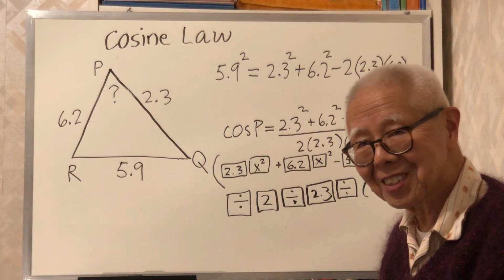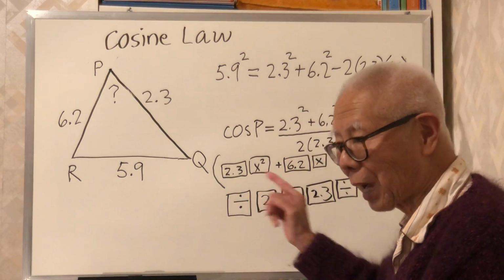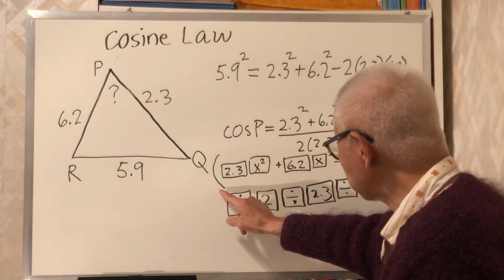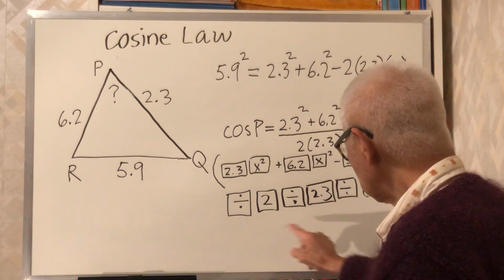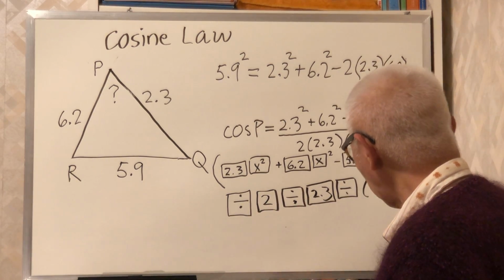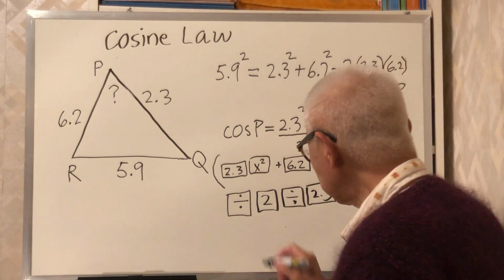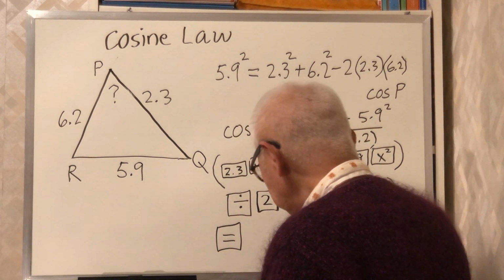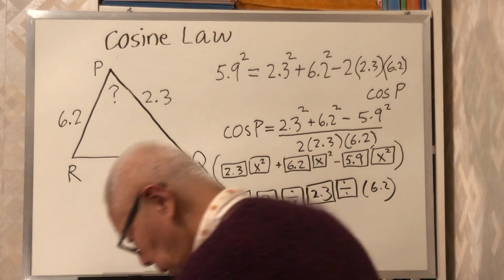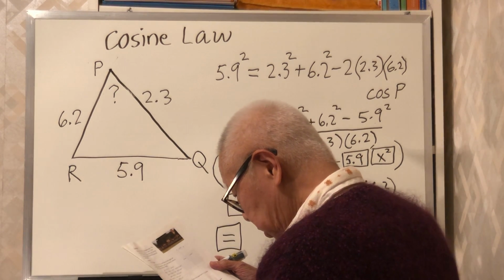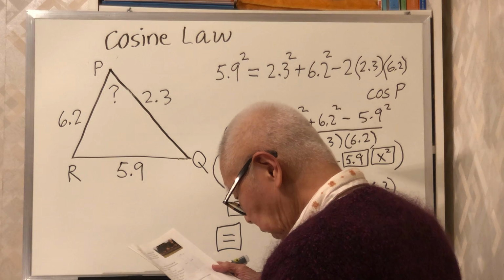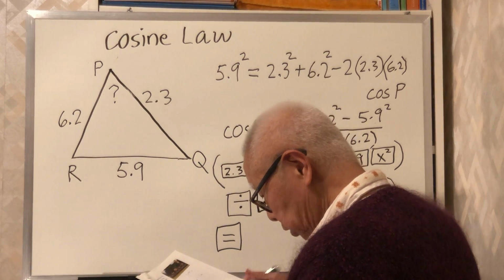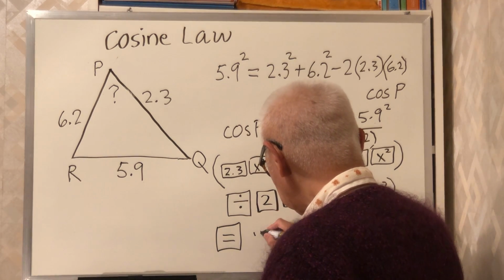Then you can do divide by 2 times 2.3 times 6.2. So if I do not have a bracket here, it is divide and divide and divide. And then you press equal sign, and you get a number. This example doesn't show it, so you get a number here.